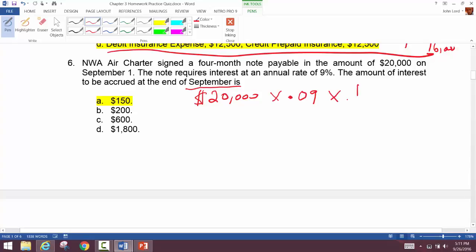Times 1/12, right? These are the kind of things you're going to be doing for the rest of your life, guys. I don't care if you're an accountant or not. You go to buy a new car, the guy's going to say, well, the interest rate, and you're going to say, hang on a minute, buddy. What did you say? And then you're going to write all that down, right? And you're going to say, well, heck, you're charging me 20% of that. How dare you? Right?